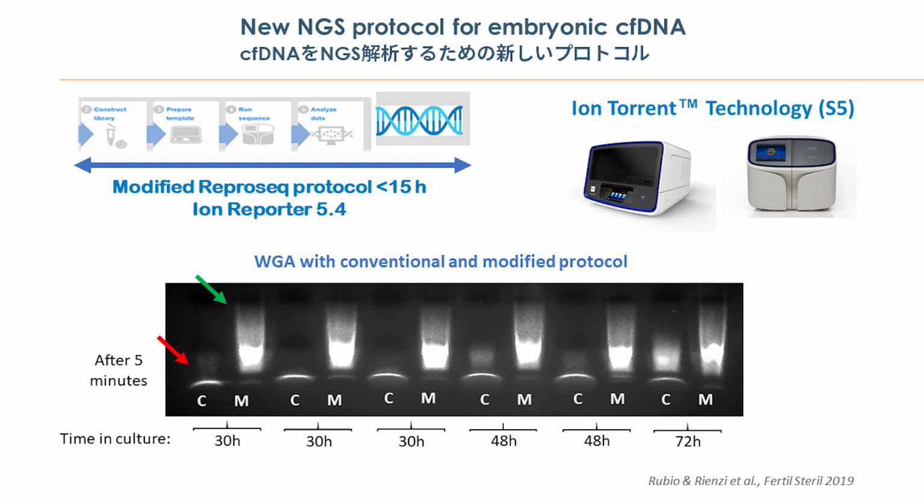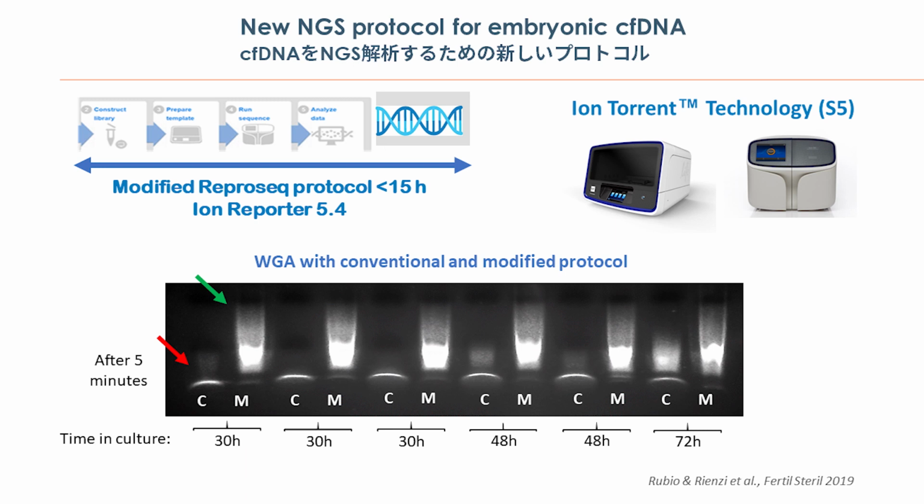In this electrophoresis gel, you can see the results of the conventional protocol that we use for trophectoderm biopsies. We cannot see a clear band, or only a really faint band. Only after a long time in culture can you start to see DNA. But with the modified protocol that we have now incorporated, we can see DNA in most of the cases. So this really makes a difference for us, improving the molecular protocol.